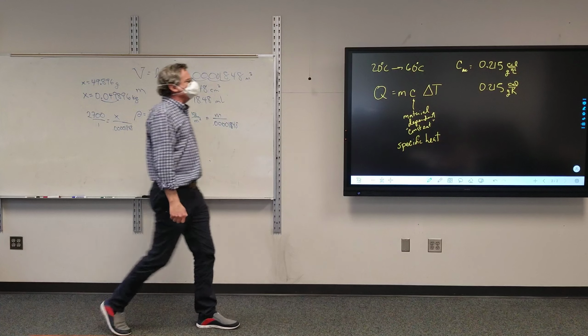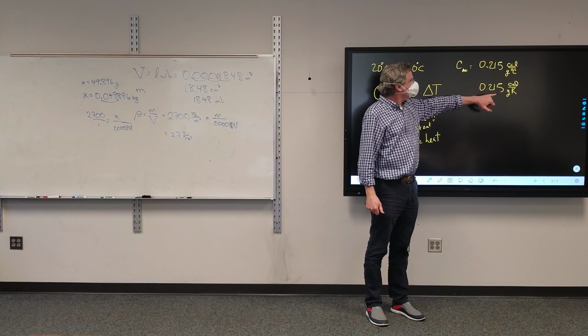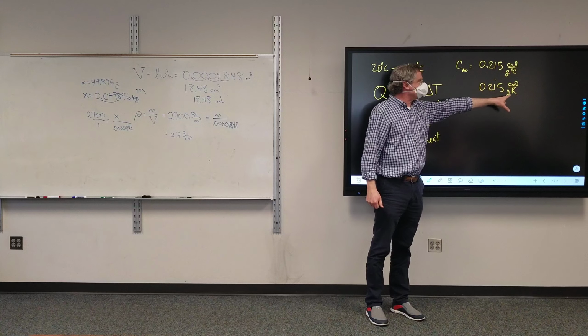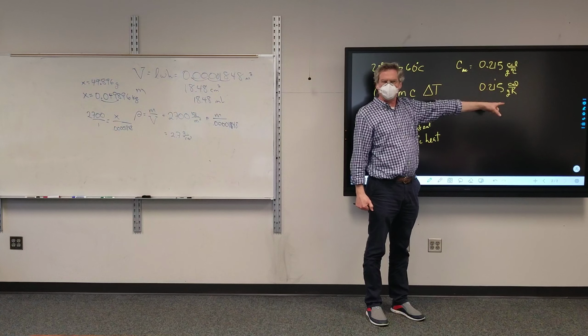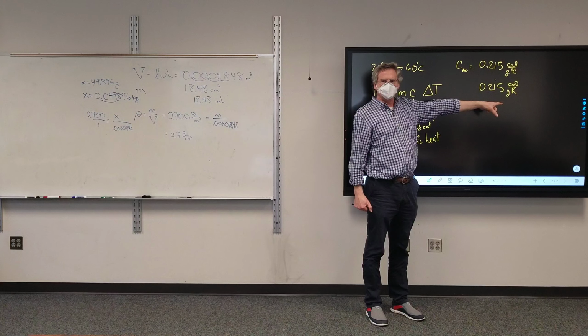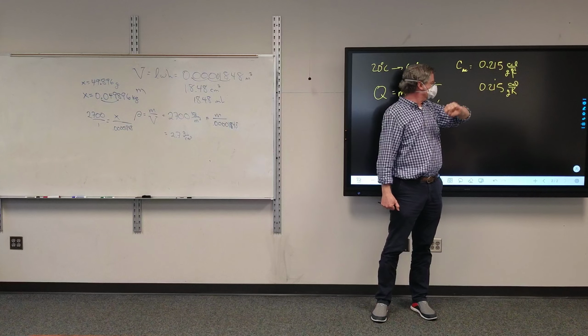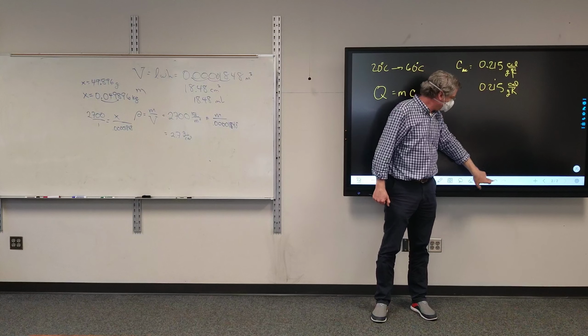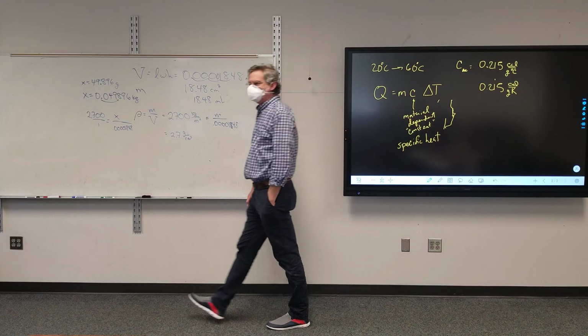So before we start doing a plug and chug here, all I did was change out degrees Celsius with Kelvin here. That's the only difference between the two. But degrees Celsius and Kelvin are not the same. So how can I justify the fact that I can just replace that temperature unit and it'd still be okay?